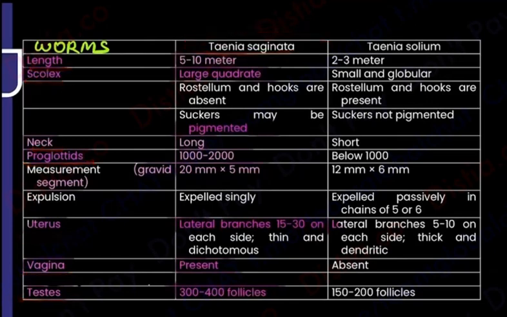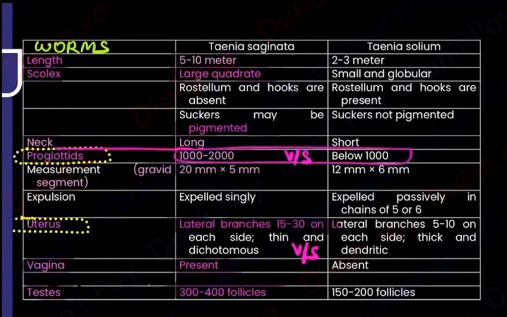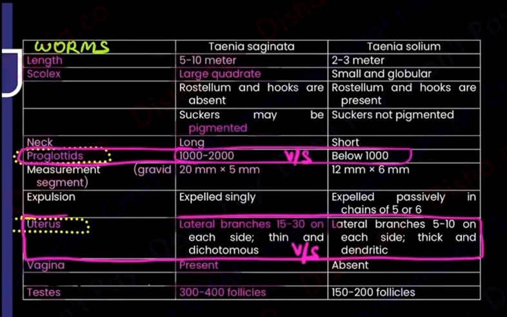But you'll say, ma'am, if I have an MCQ and they say pick the most important, so proglottids and uterine branches, don't remember the numbers. Just know that to differentiate between Taenia saginata versus Taenia solium, we always prefer to take up number 1 the proglottid story and number 2 the uterine branches story. This is something, but you know what is more. Saginata is always going to be more, right?